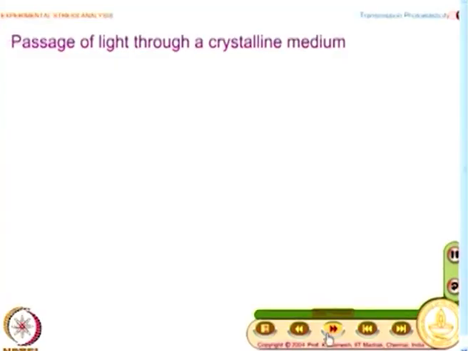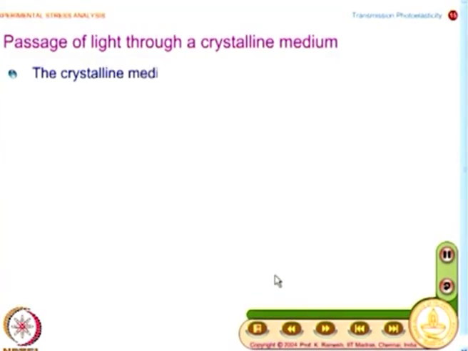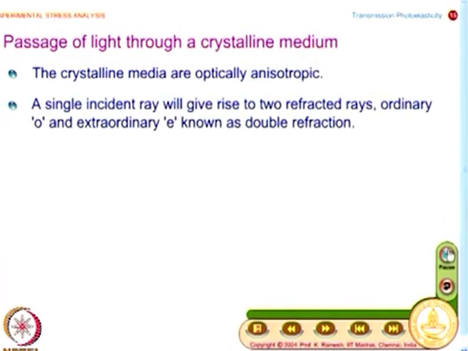And in photoelasticity you also call this as a common path interferometers. So, they are less stringent in vibration isolation requirement. That will be understood when you look at crystal optics. And what you have here, what happens when light passes through a crystalline medium? First observation is, the crystalline media are optically anisotropic.